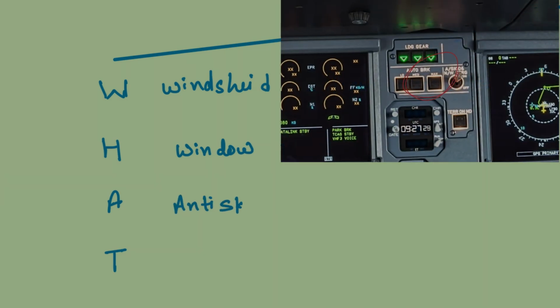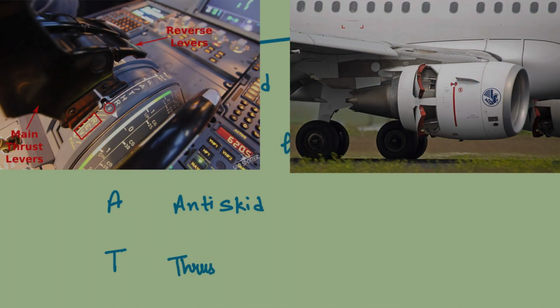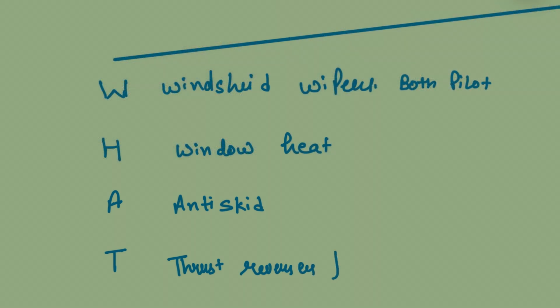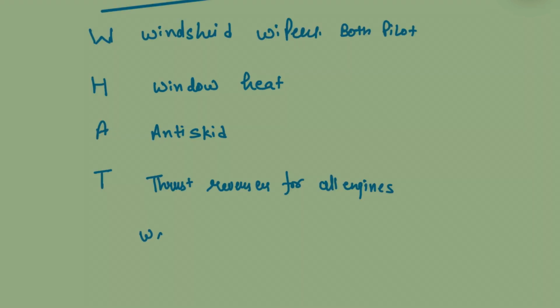A stands for anti-skid system and T stands for thrust reversers for all engines. Correct? So this is the shortcut WHAT. So these 4 equipment should be there, and these are the major aircraft equipment which are required. Other than this, you need weather radar and I think 2 VHF comm sets and VHF nav sets.